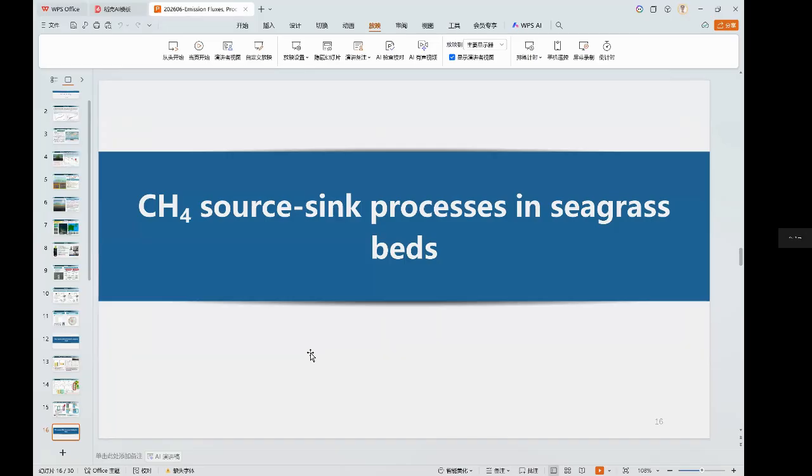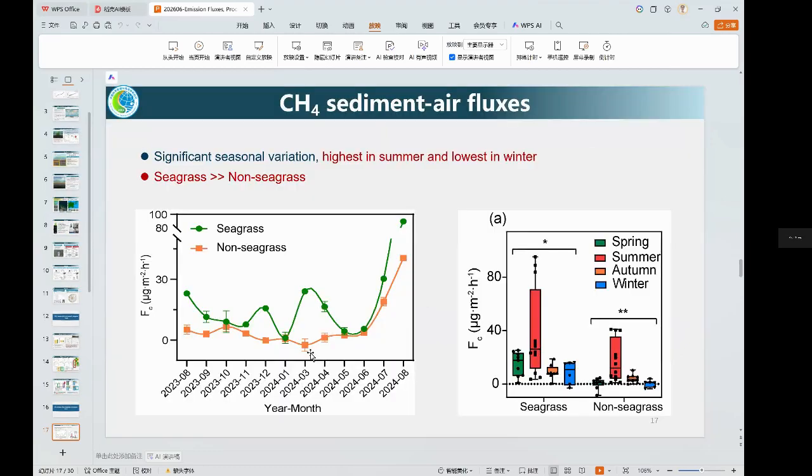Our second result: methane processes in seagrass beds. Our field monitoring from August 2023 to August 2024 indicates that sediment-air methane fluxes from seagrass regions are largely higher than from the bare flat regions, and the fluxes are highest in the summer and lowest in winter.